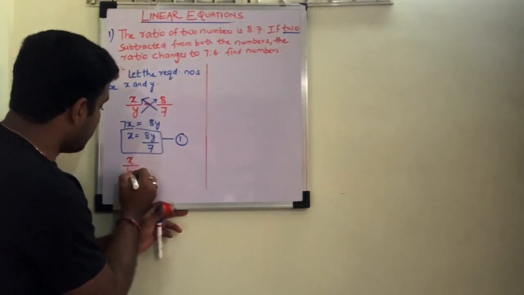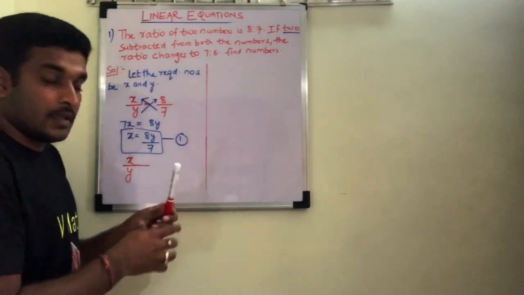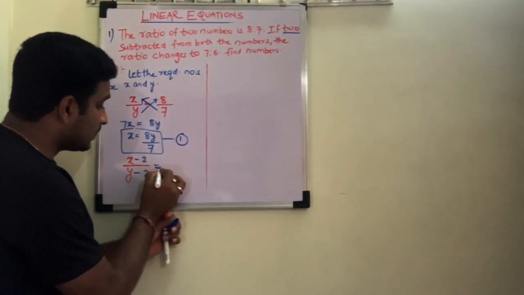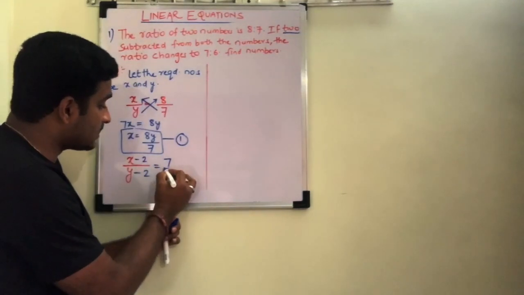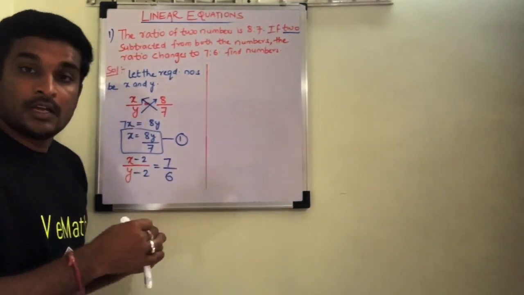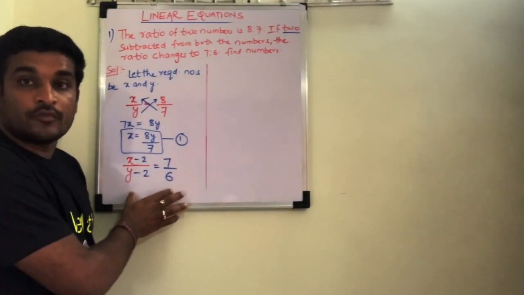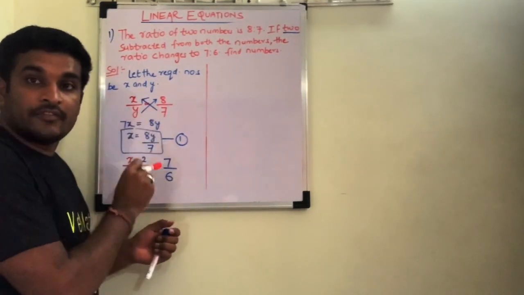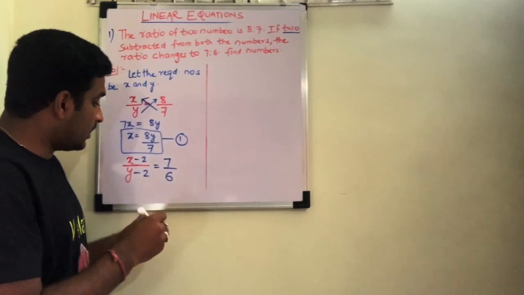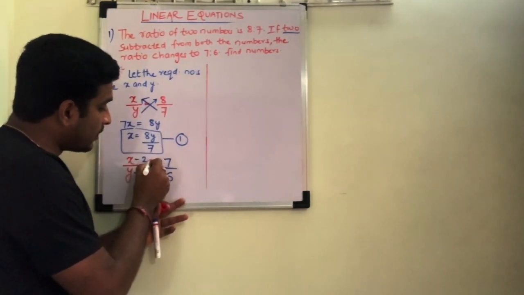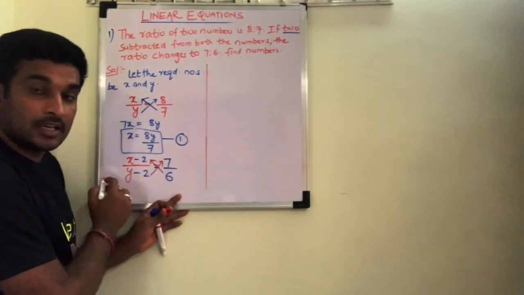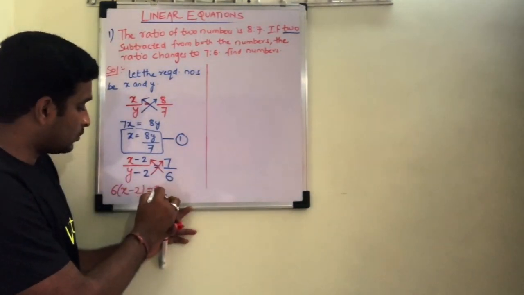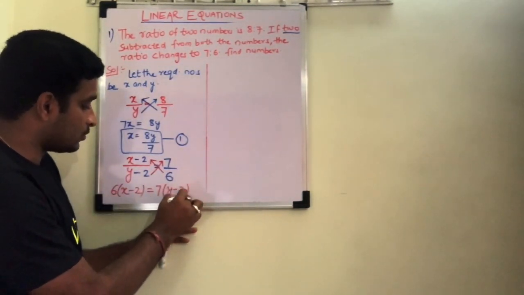So (x minus 2) by (y minus 2). When 2 is subtracted from both the numbers, the new ratio becomes 7 by 6. Now this is the final equation we have to work out. The same step we repeated here, we will do the same thing here. We will cross multiply these two, then it will become 6 times (x minus 2) equals 7 times (y minus 2).